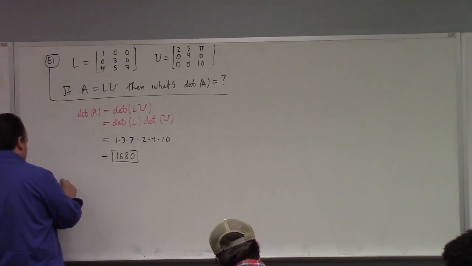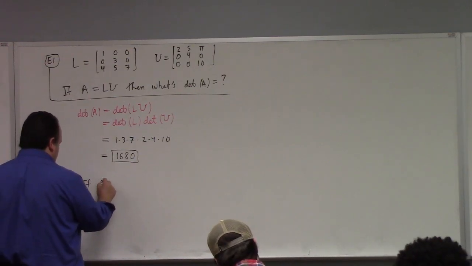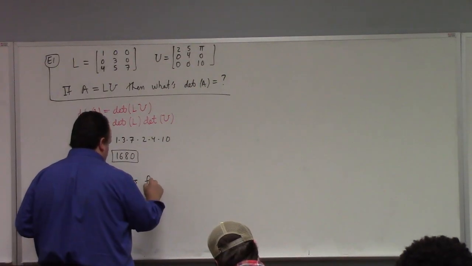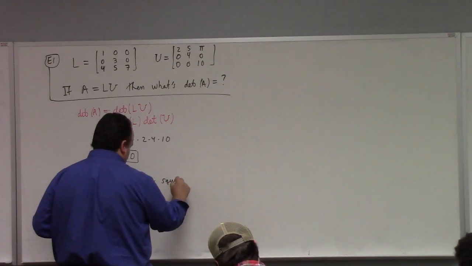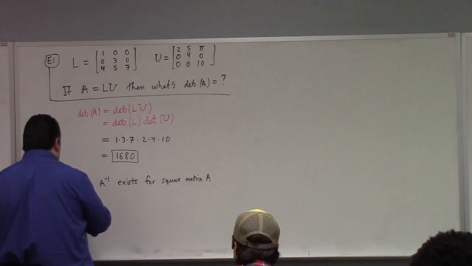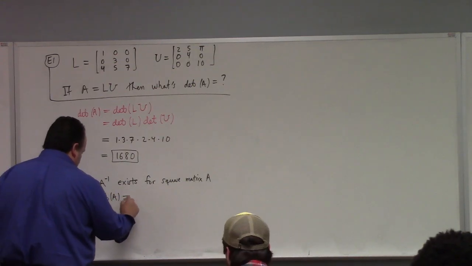All right, so another theorem we can prove. If A inverse exists for a square matrix A, then the determinant of A must be non-zero.